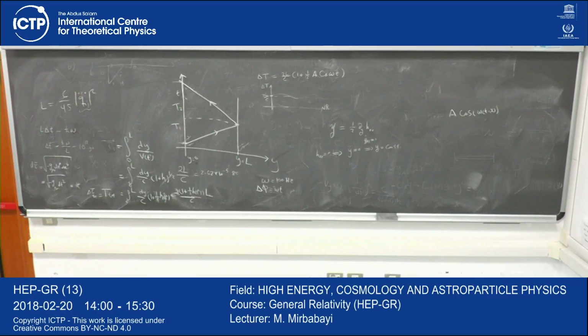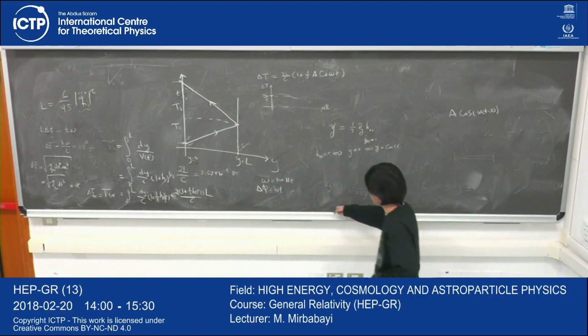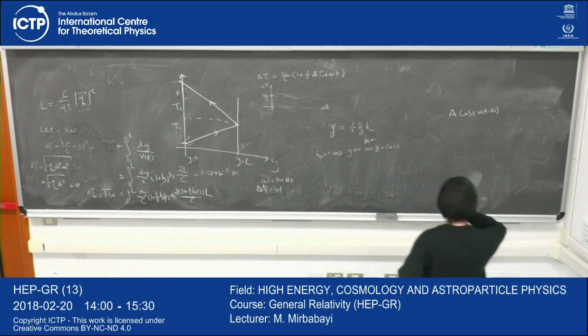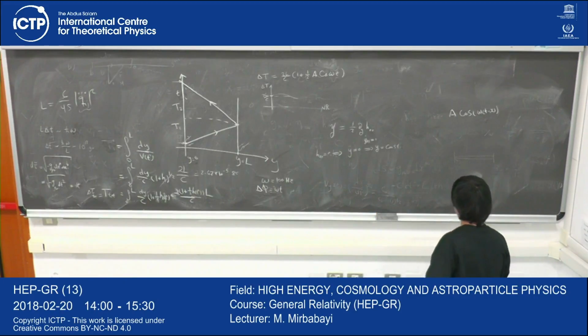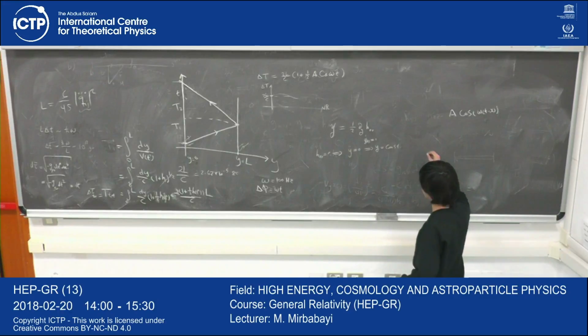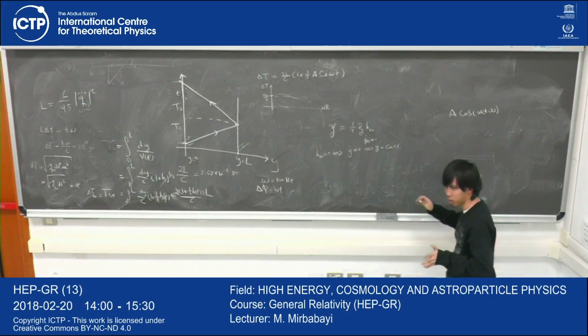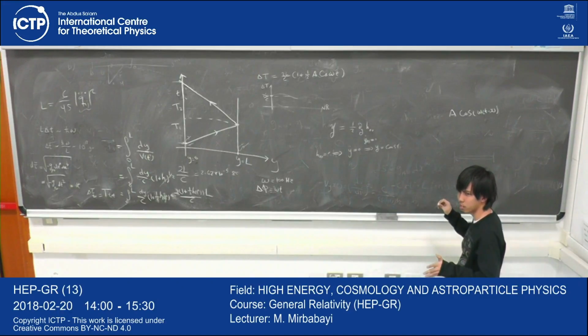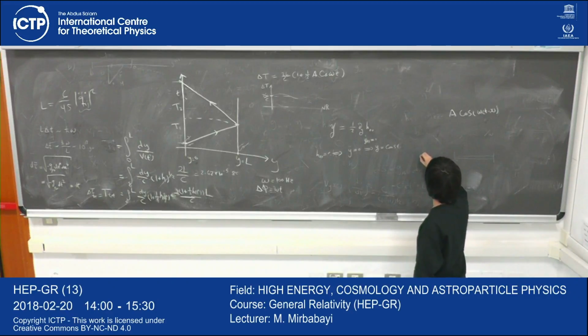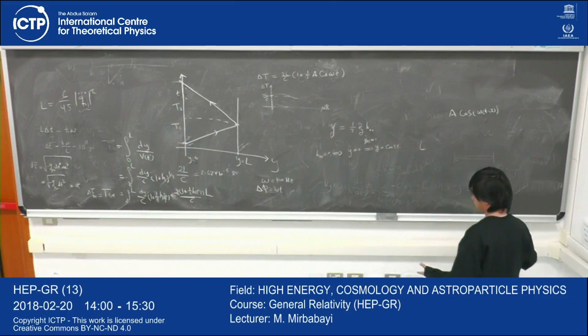So in number 5, the meaning of a rigid ruler is basically saying that the space-like separation between the ends of the ruler is time independent. So it's given by L. What we want is to calculate the space-like separation between the two mirrors.